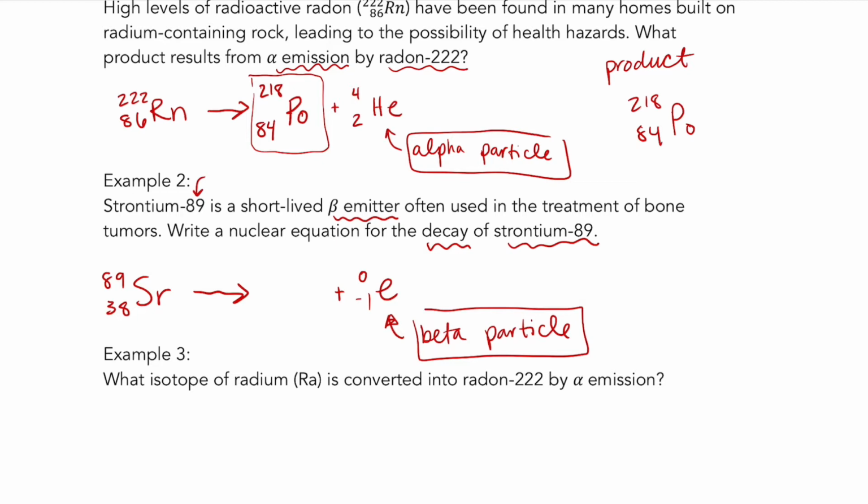Okay, what's the product? So I have to do the same thing just by balancing, right? The mass number is 0 on the electron, so I know the mass number here must be 89. And the atomic number is -1. So that means something minus 1 is 38. 39 minus 1 is 38. And again, that's just because we need to add these up to equal this.